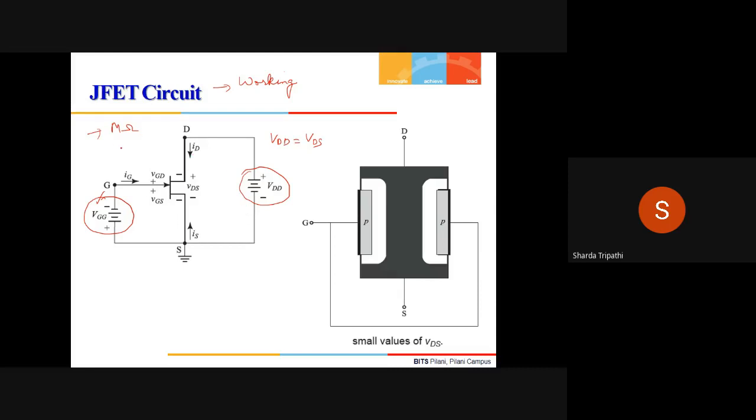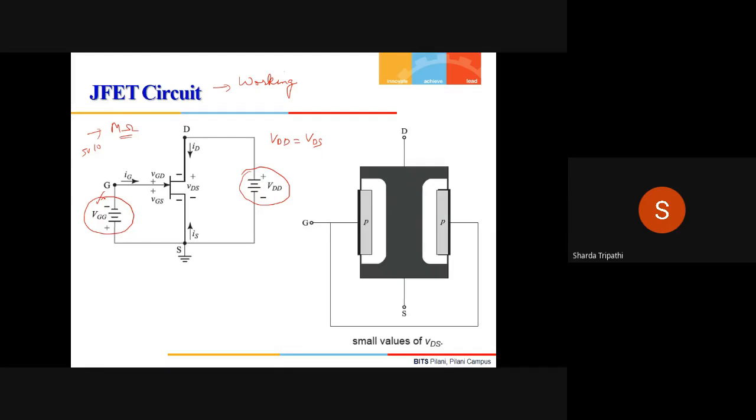So in the range of voltage in which we work with electronic devices, like 10 volts, maybe 5 volts, 3 volts, even if we apply that much positive voltage across the input, it will not make any difference to the flow of input current. That's why applying positive voltage at the input is actually meaningless in case of JFET.